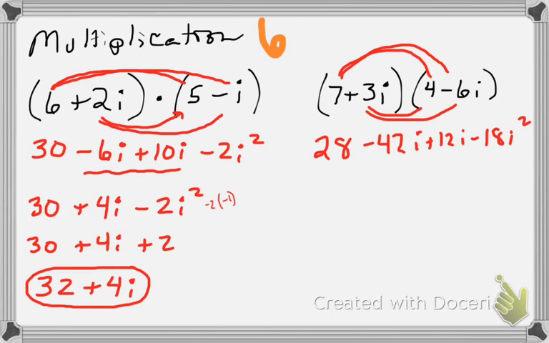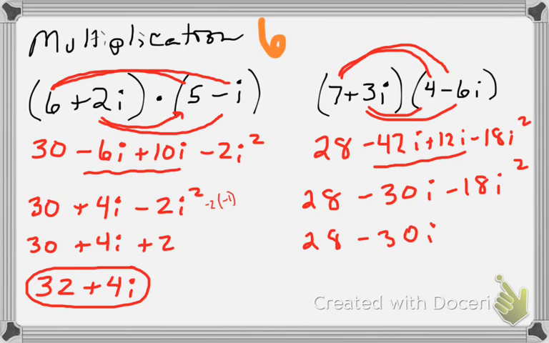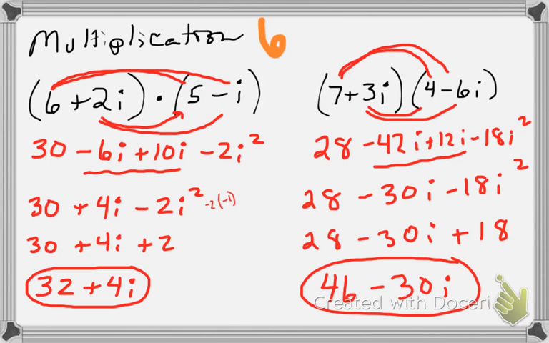In the middle, those two combine to make negative 30i. The i squared at the end there can be turned into negative 1, which turns the last term into a positive 18. So you can combine the 28 and the 18 into 46 - 30i.